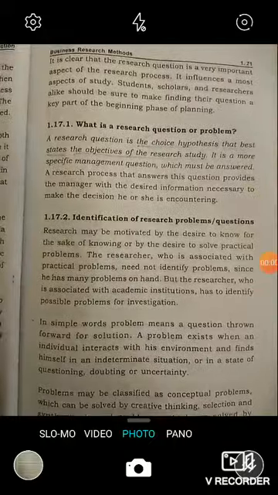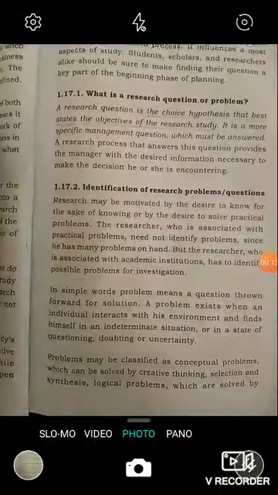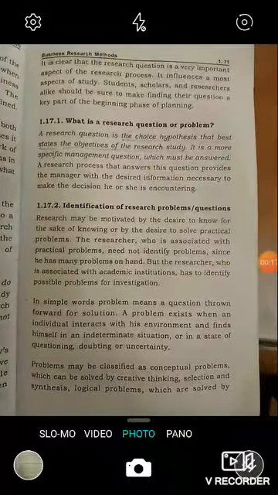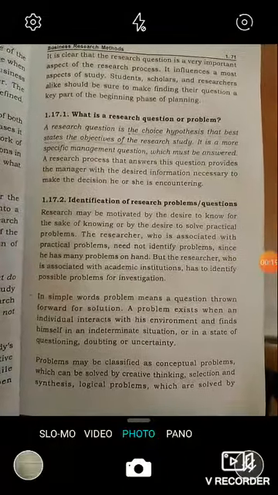Dear students, today we are going to see the second part of the revision class in first unit. There are three topics we are going to see now. The first topic is research question or problem.